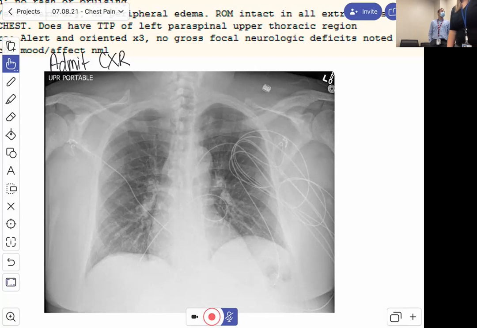Maybe a few interstitial markings? Okay. Anybody else have anything to add? I agree. Yeah, so overall not too abnormal. I see some wires from stuff hanging over him, maybe some increased interstitial markings.